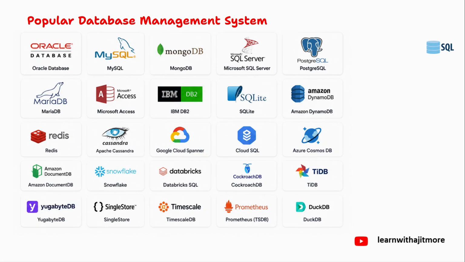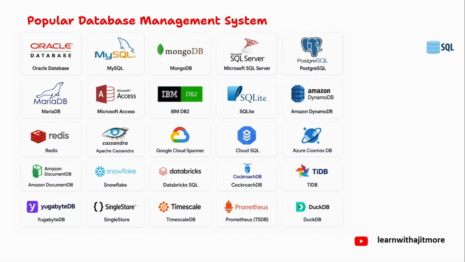So data means known facts of anything which is recorded and kept. And when the data of any particular enterprise, be it a product-based company, a school, a university, a hospital, anyone, is kept in a proper organized manner, then it becomes a database.